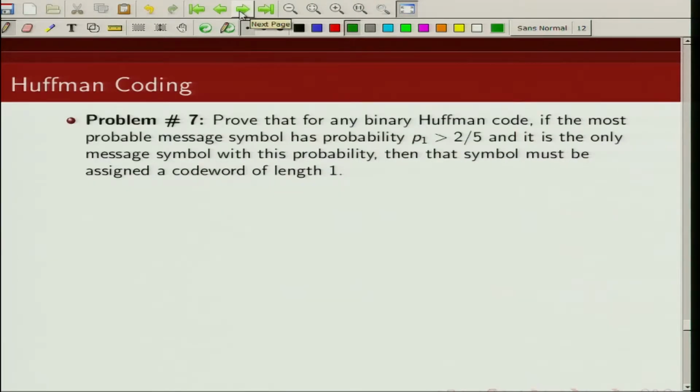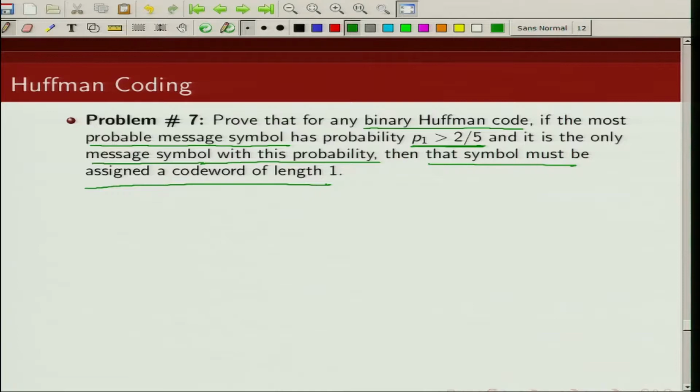The next problem is, prove that for a binary Huffman code, if the most likely message symbol has probability greater than 2 by 5, and it is the only message symbol with this probability, then that symbol must be assigned a code word of length 1.